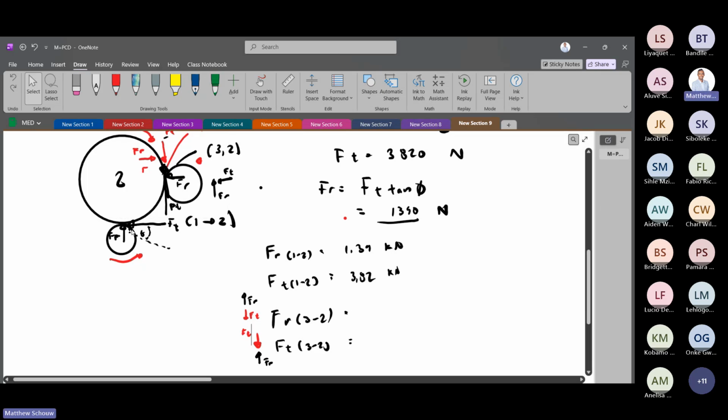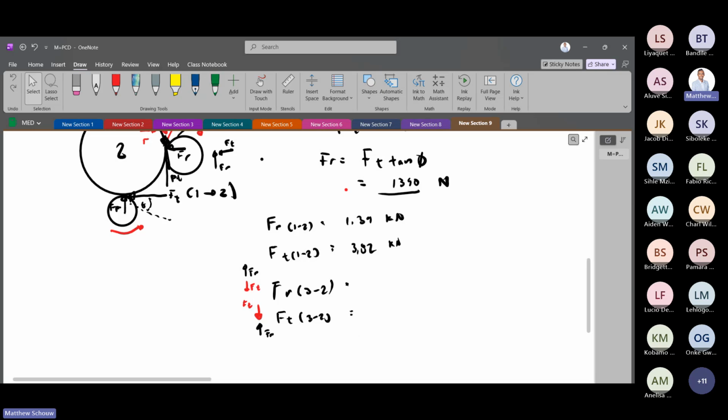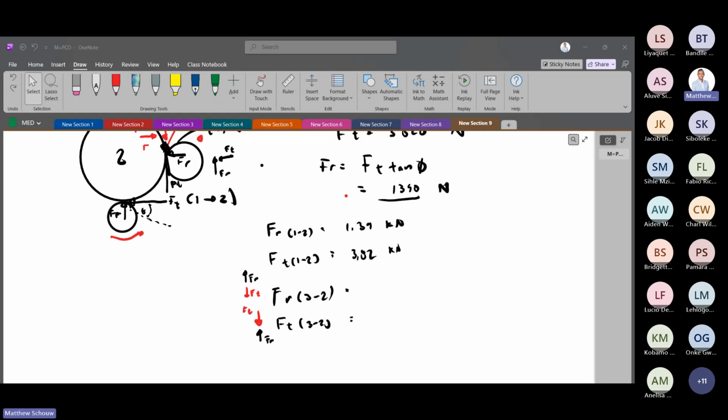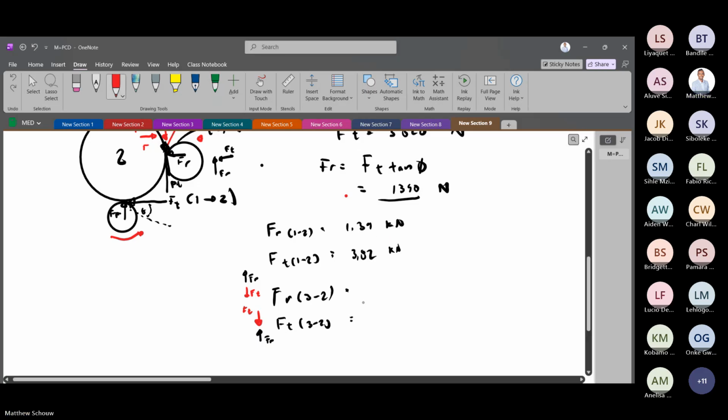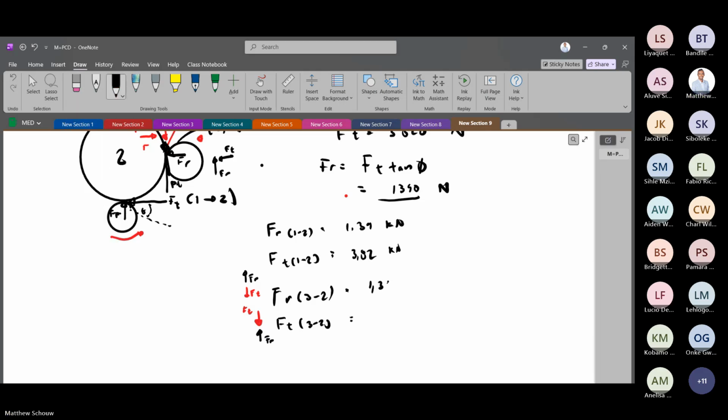Anyway, so that means the FR here is the same. FR is equal to FT, so FR here is the FT over here. Okay, cool. So super confusing. In that case, my FT for this one is 1.39 kilonewton.